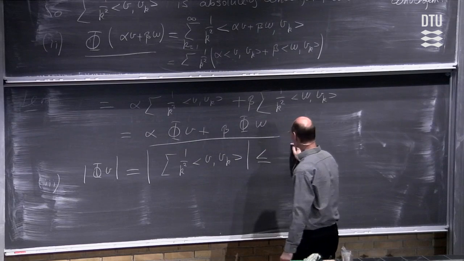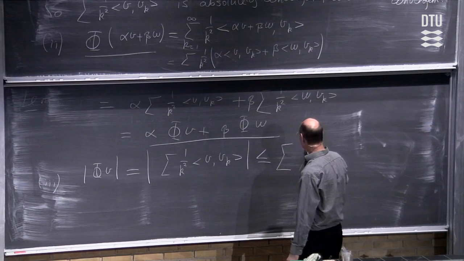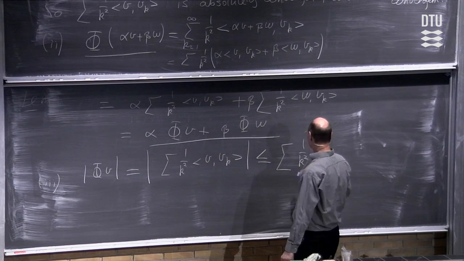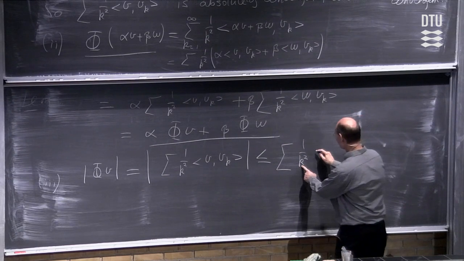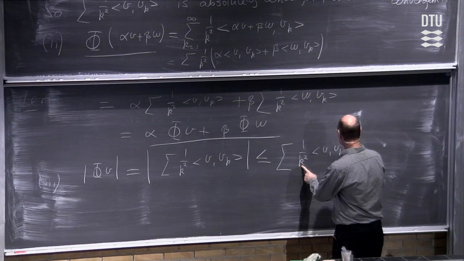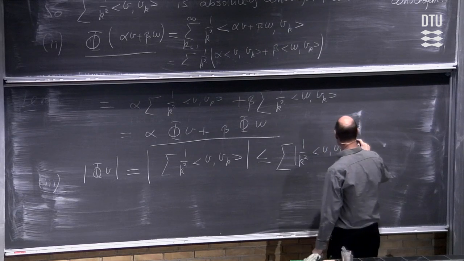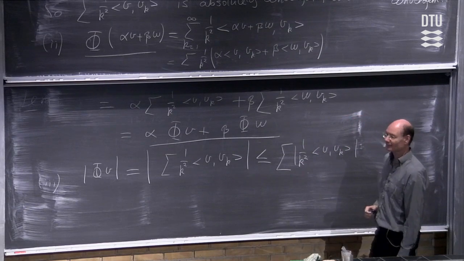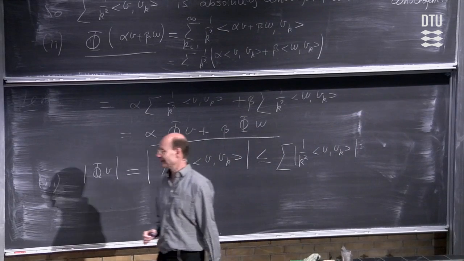So this is smaller than or equal to the sum of 1 divided by k to the power 2 times the inner product with vk, with absolute value inside. This is correct. And then?